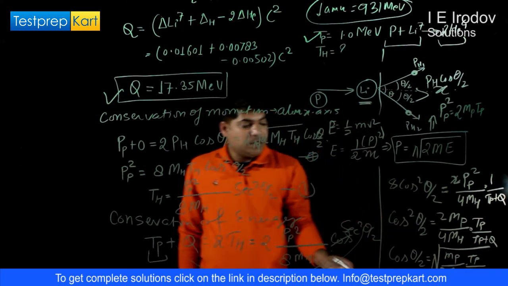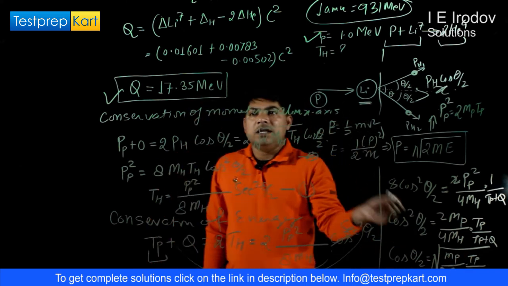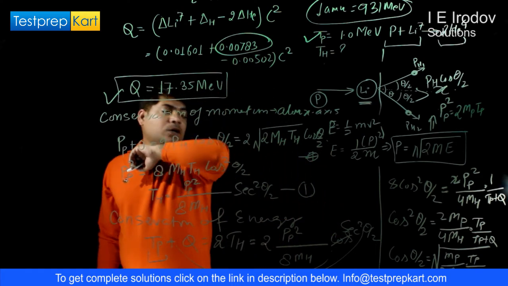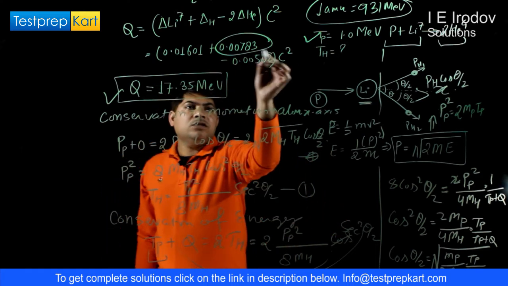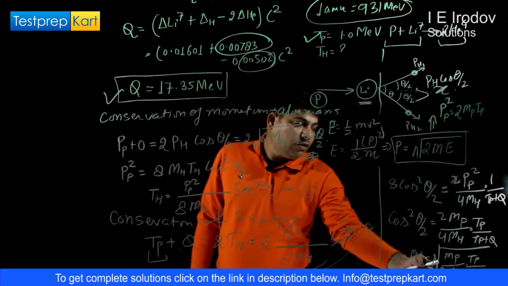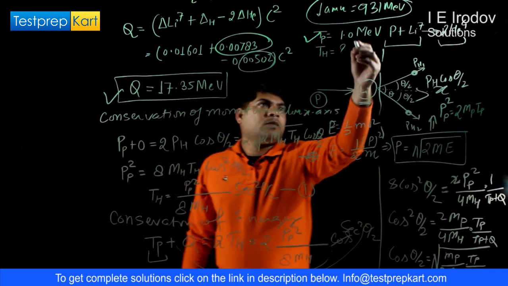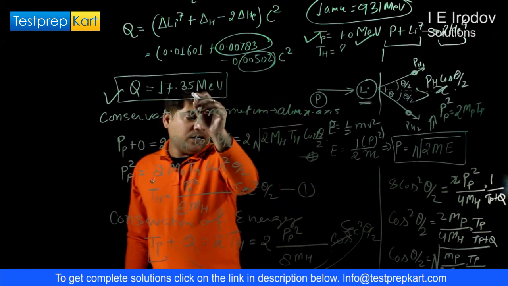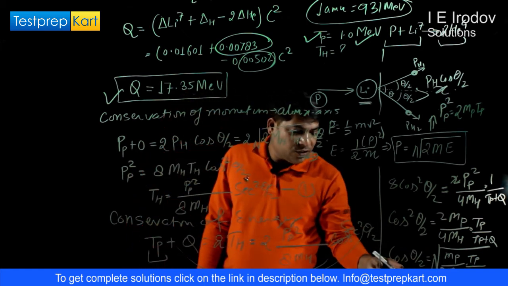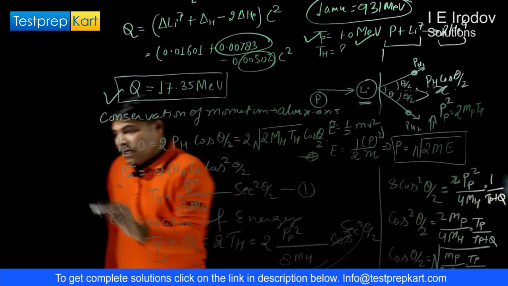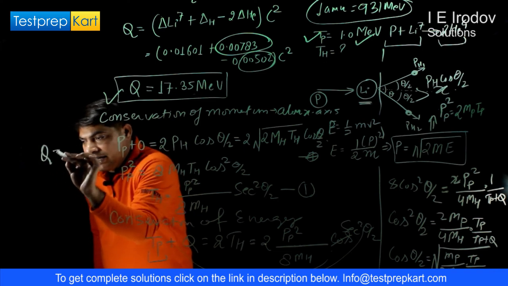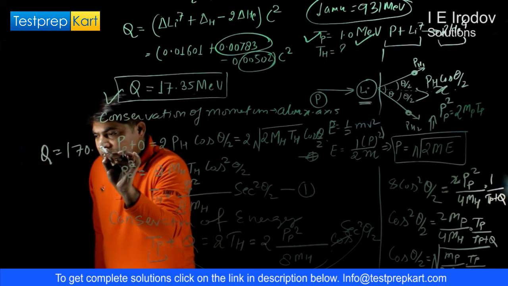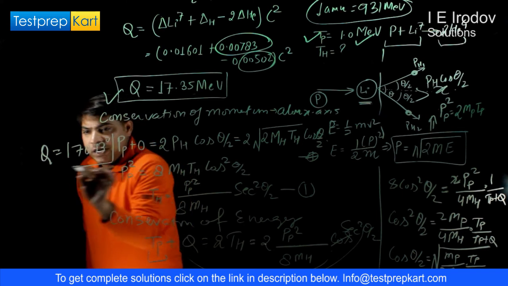Now this equation is pretty simple. MP is known, we already used this value for proton. MH is known, we already used this value. TP is given, and Q is already calculated. So we will substitute and solve for angle theta. It is just a simple matter of calculation: theta is equal to 170.13 degrees.